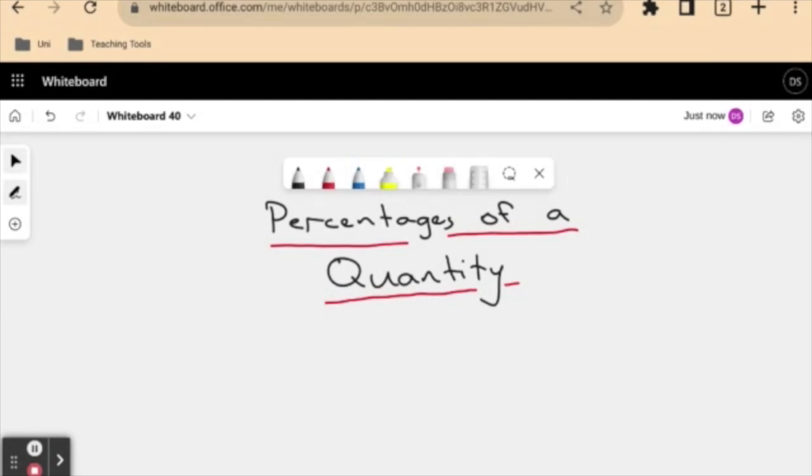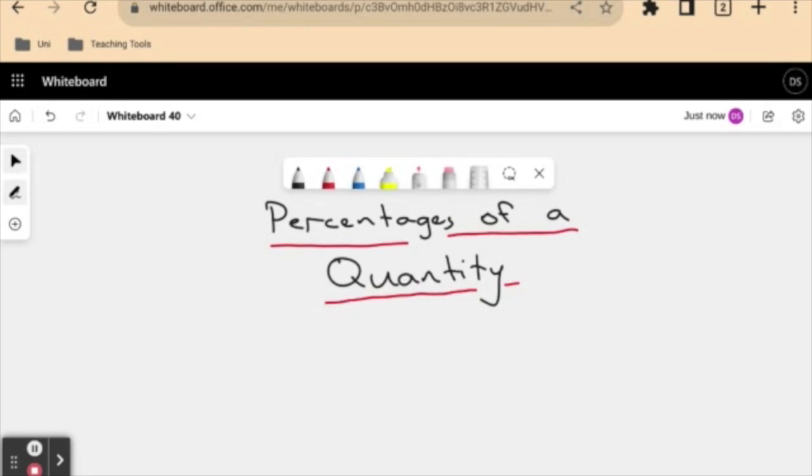Now that we've spoken about changing different types of things like fractions, percentages, and decimals, since this topic is percentages, we are going to look further at the operations with percentages and some of the applications of this.